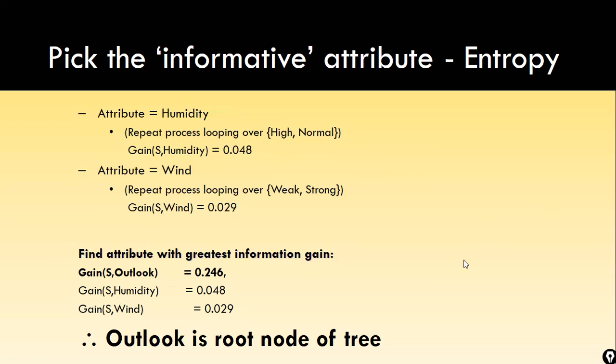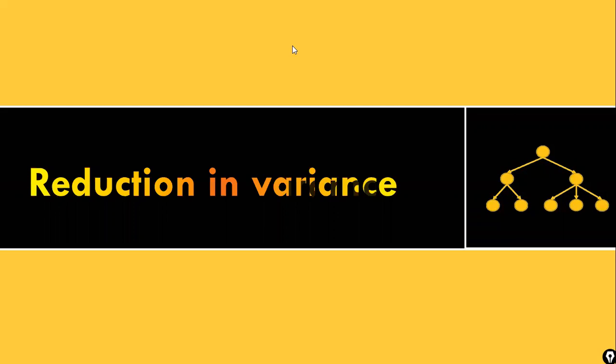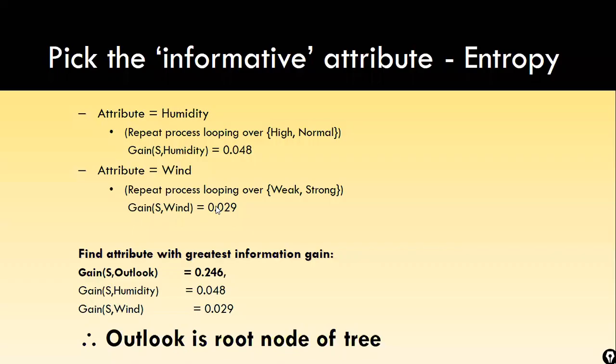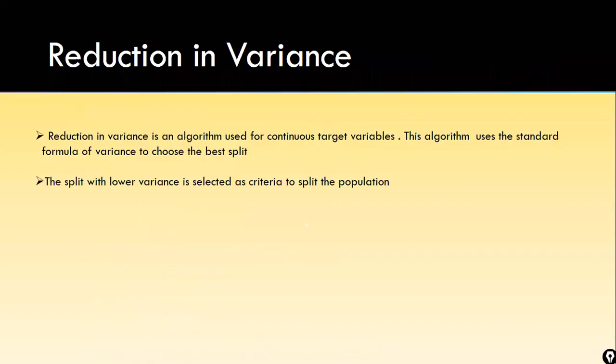Whichever has the lesser one will be considered as the next branch. Hope you understood how the split is determined, which one should be node and which one should be branch.